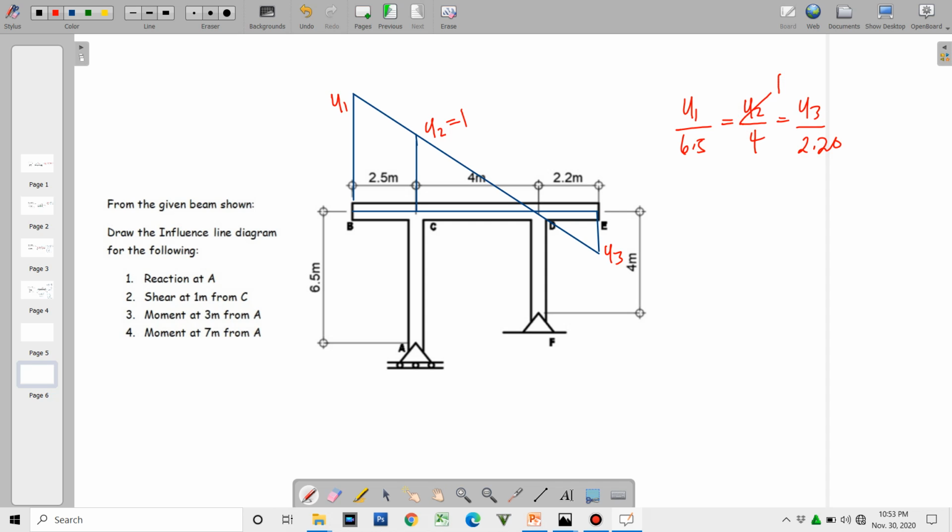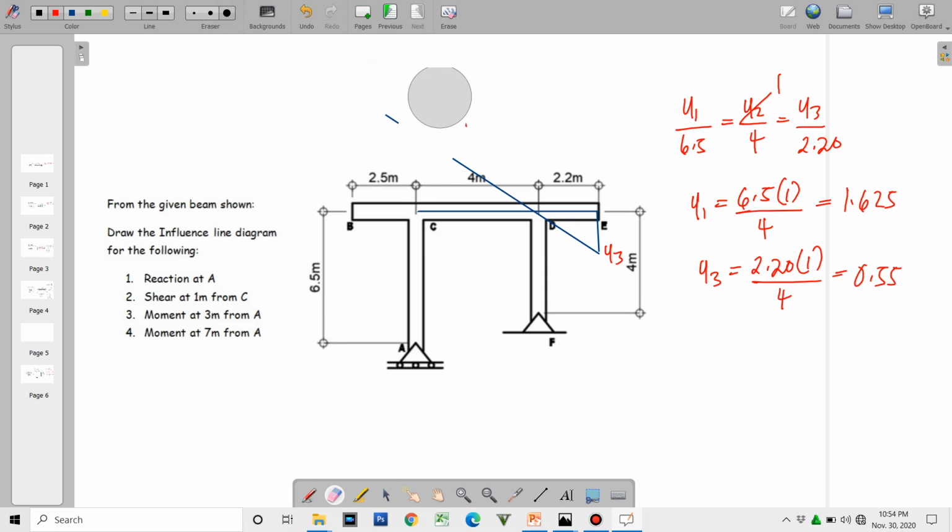So this is equal to 1, and then y1 will be equal to 6.5 all over 4, and y3 will be paired to this, 2.2 times 1 all over 4. So we have the values. Okay, so that is for the reaction at A.